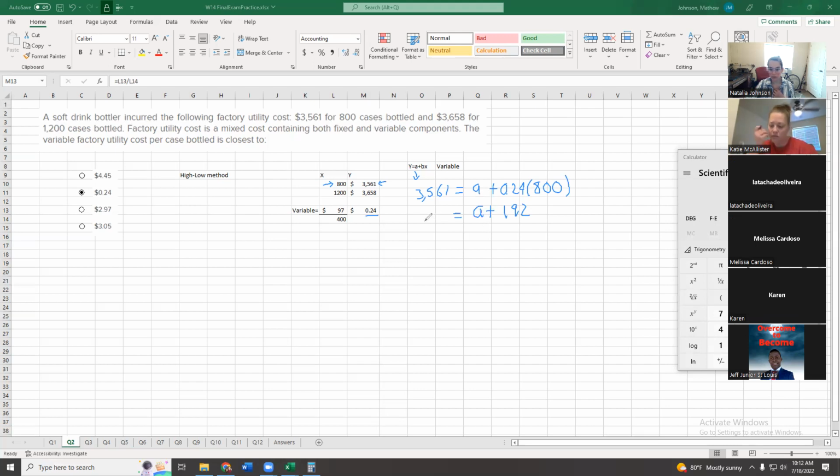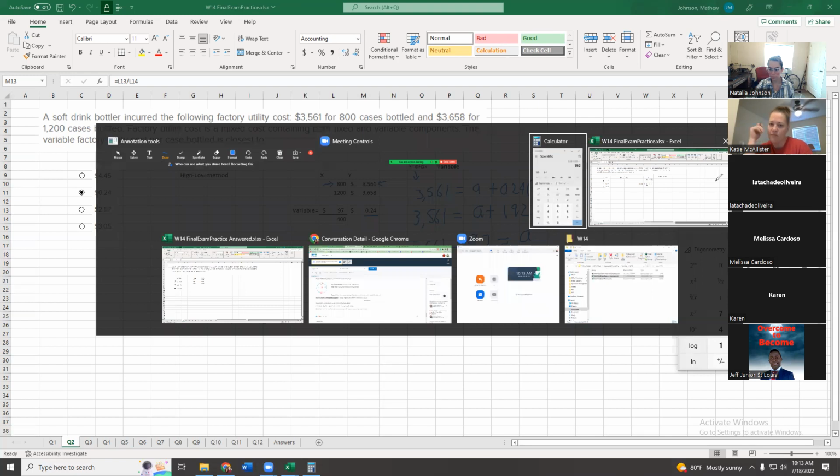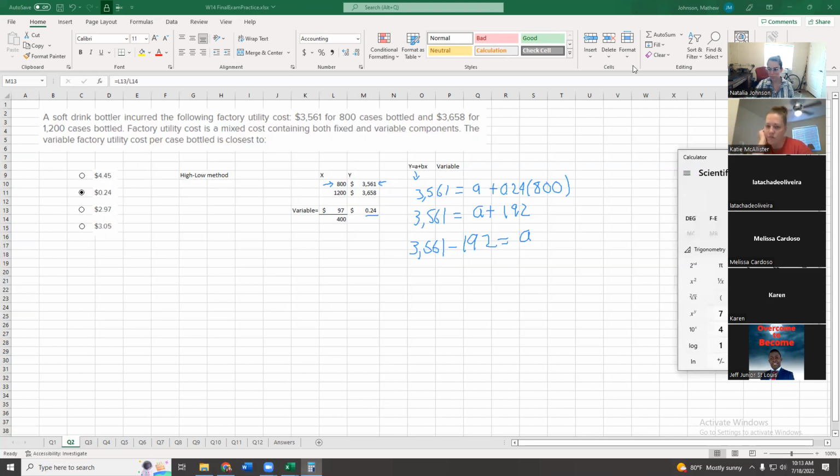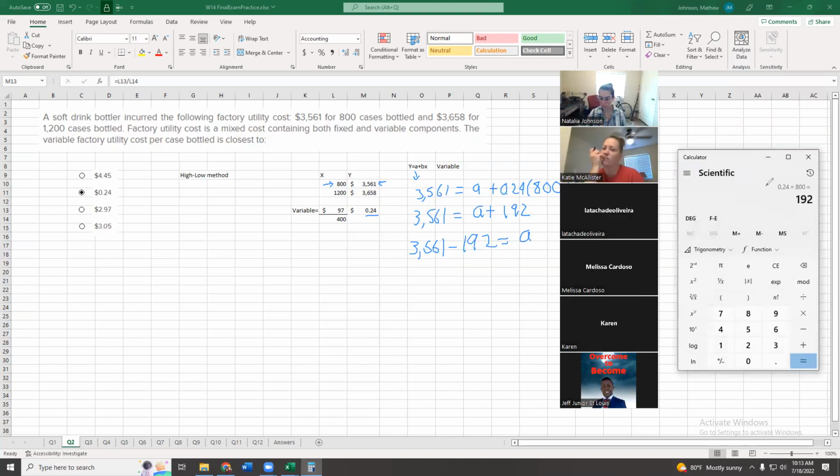So 3,561, and now we subtract 192 on both sides to find A. So 3,369.